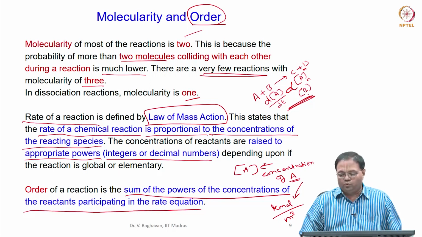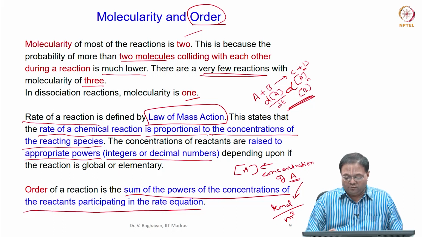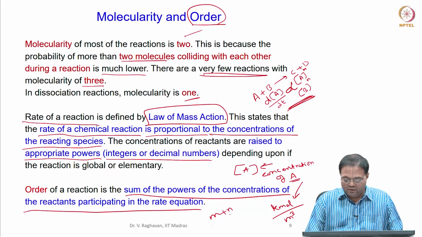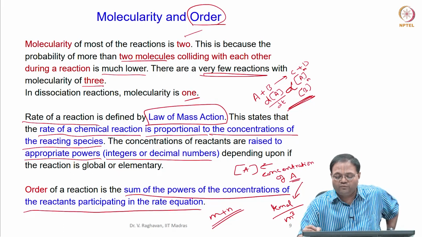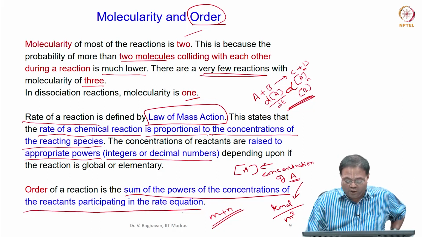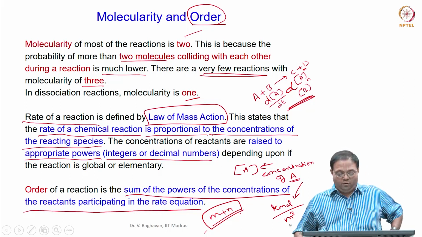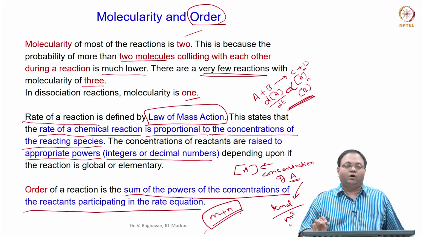That is also proportional to A power M and B power N. Correct. So, here the order is nothing but M plus N. The power of concentration of A is M, the power of concentration of B is N. So, the order of this reaction is M plus N. This is the definition of order.